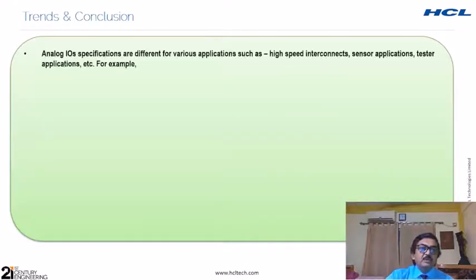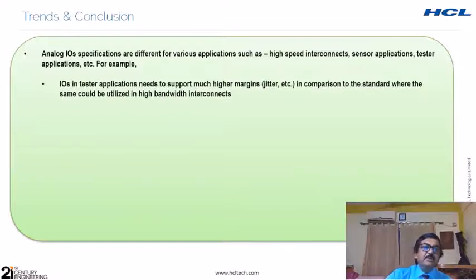So in the IO domain, there are various applications, like high-speed interconnect, sensor applications, and test applications. For example, the IOs in tester applications need to support much higher margin, like in zeta margin, in comparison to the standard.